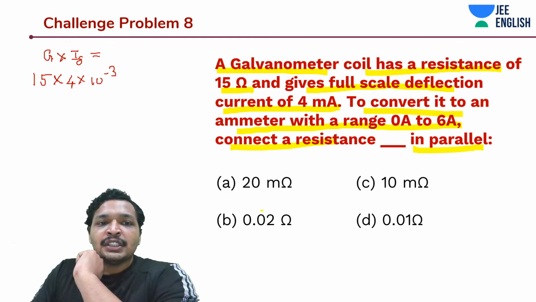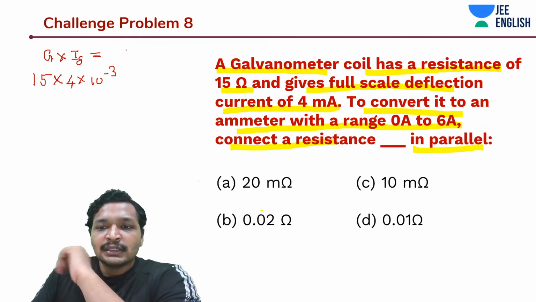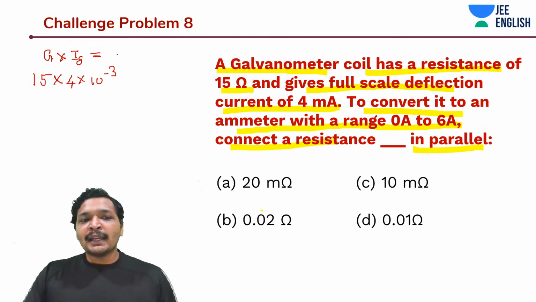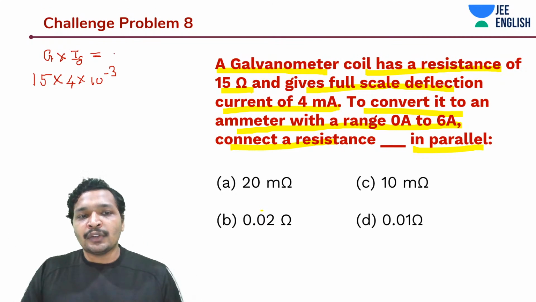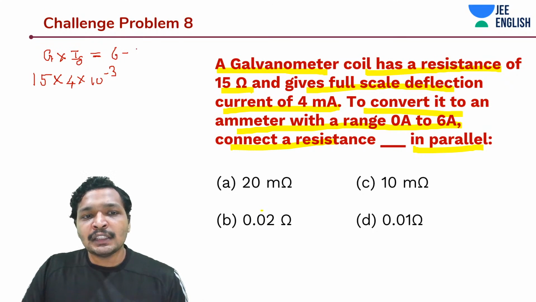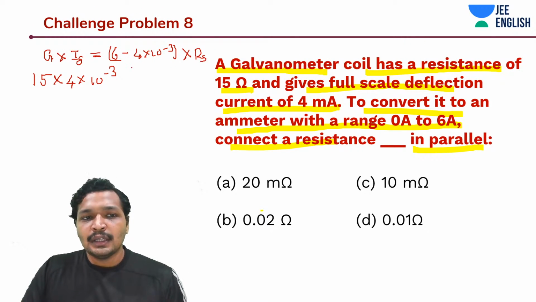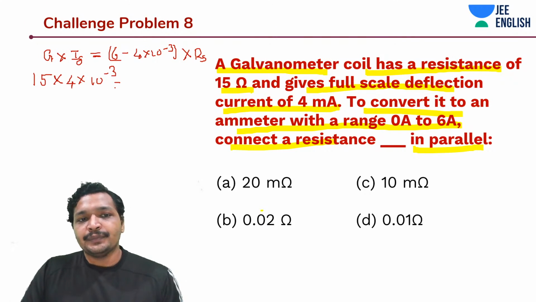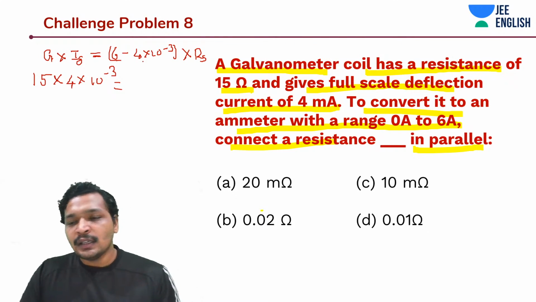And how much does this ammeter have to measure? 6 amp. So the remaining current is 6 amp minus 4 into 10 to the power minus 3 amp, and that flows through the shunt resistance. So (6 minus 4 into 10 to the power minus 3) into the shunt resistance is equal to G into Ig.